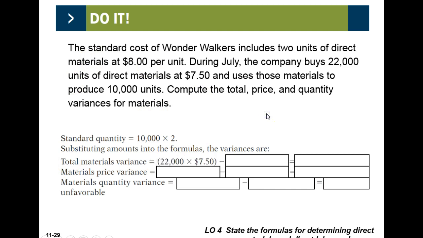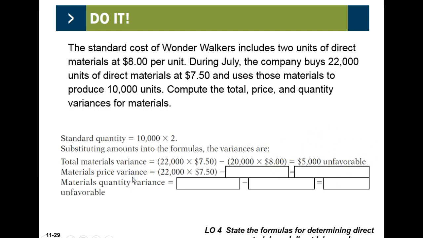The total material variance is going to be our 22,000 units times an actual price of $7.50 minus what we should be using, 20,000 units times the standard price of $8 a unit. So we've got an unfavorable variance here of 5,000.